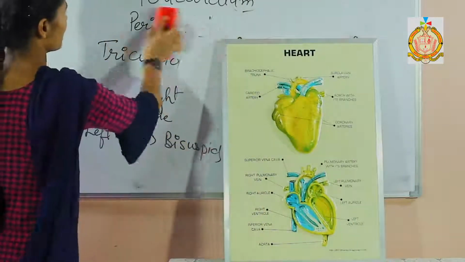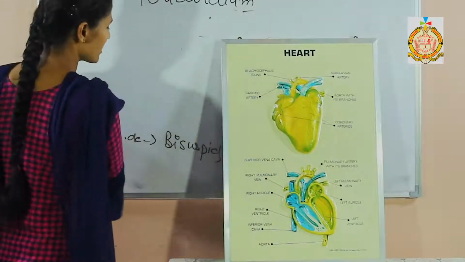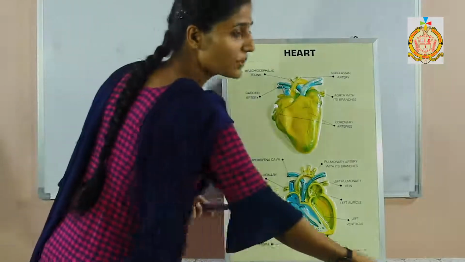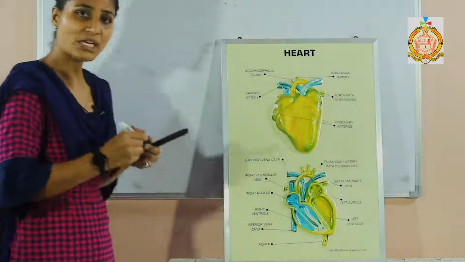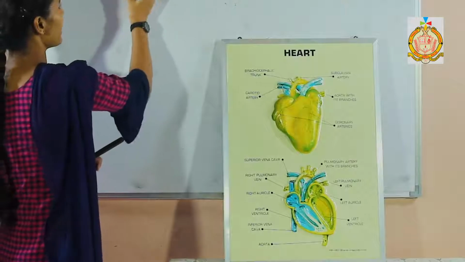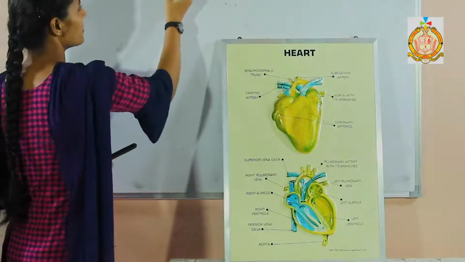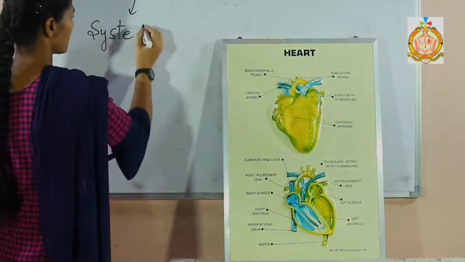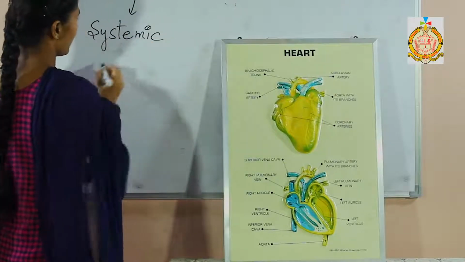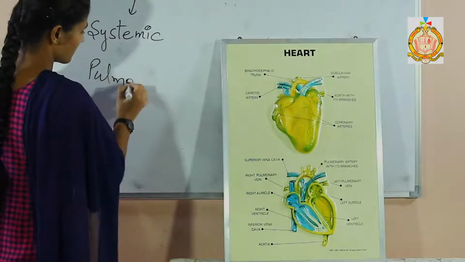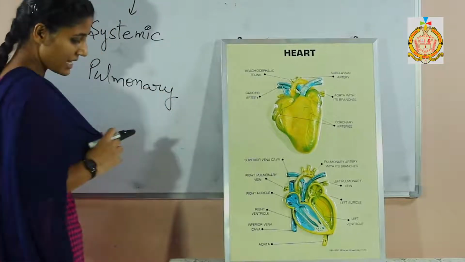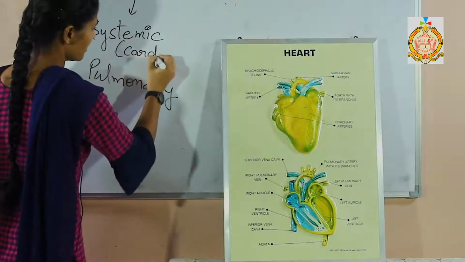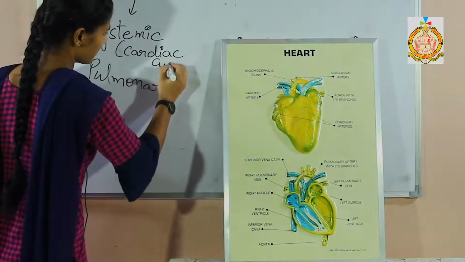So in blood circulation in the heart, two types of blood circulation take place: systemic and pulmonary circulation. As well, this is also known as the cardiac cycle.